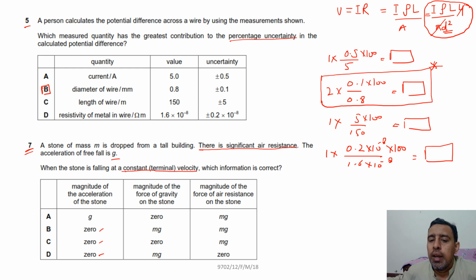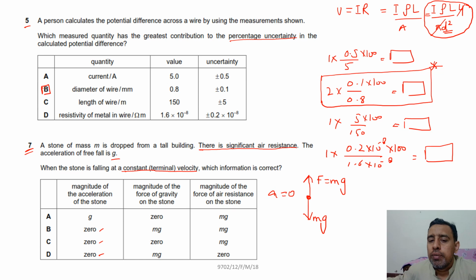Okay, fine. The magnitude of the force of gravity on the stone, if the force downward is mg, then almost a force F which should be equal to mg is acting upward, so the resultant force is 0, hence the acceleration is 0 and the velocity is constant.